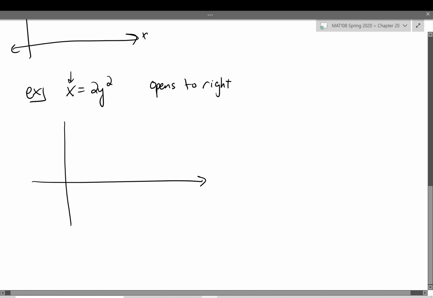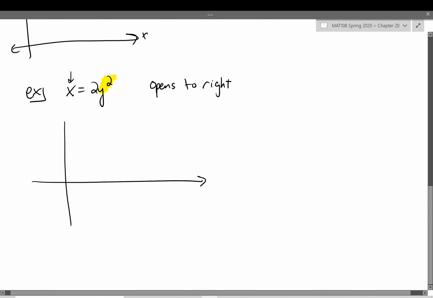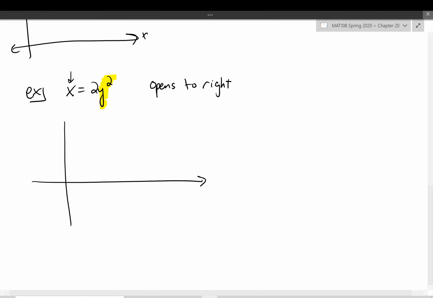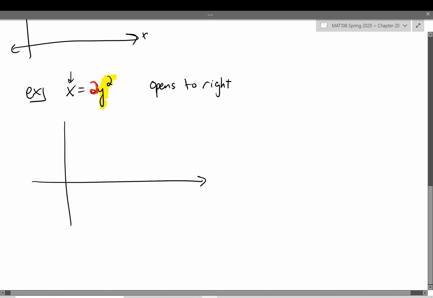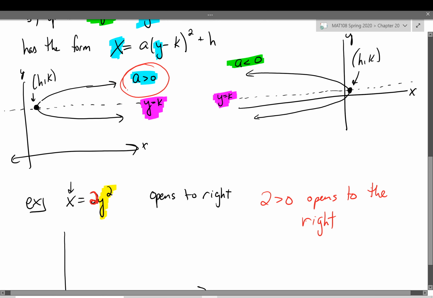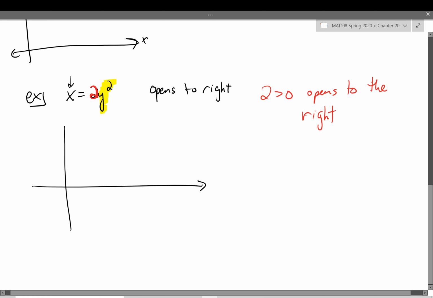How do I know it's going to be to the right? Well, first off, you have y squared, so we know it's going to be a parabola. And more importantly, that 2 is positive. Since A here, 2, is greater than 0, it opens to the right, just like what we have up here. This one's pretty simple.